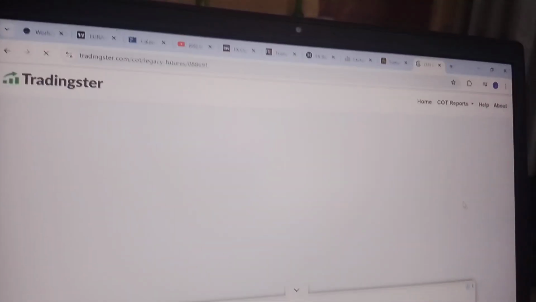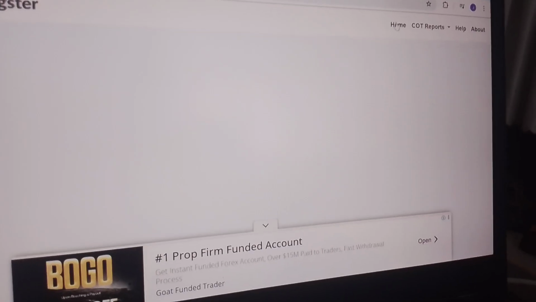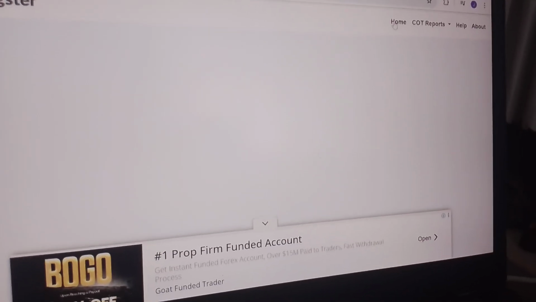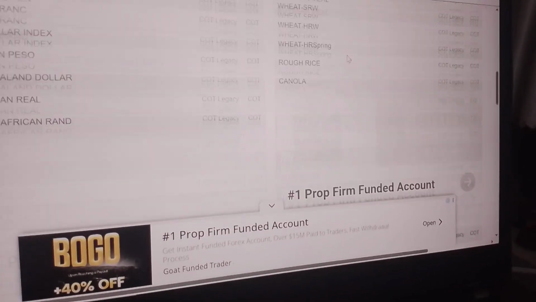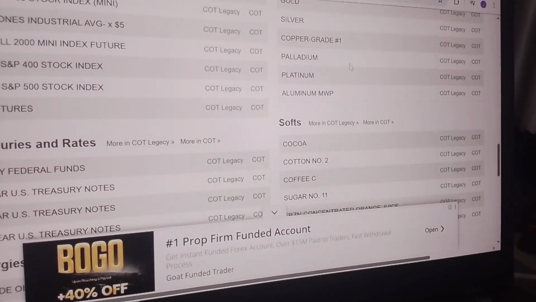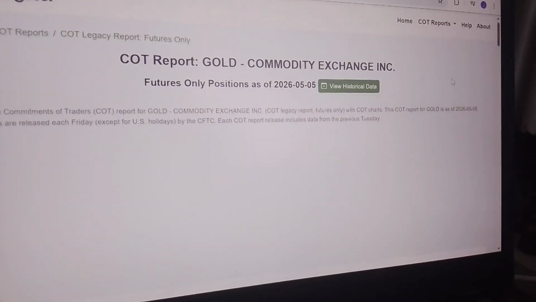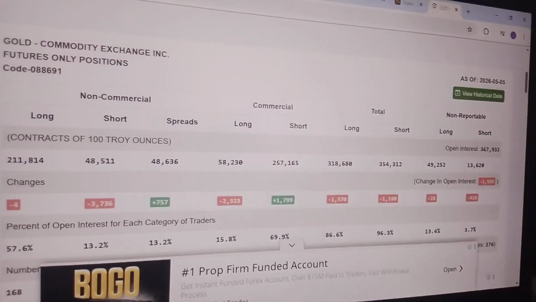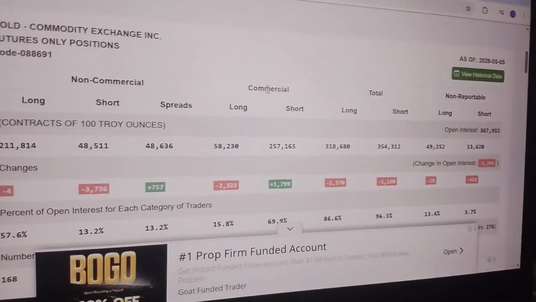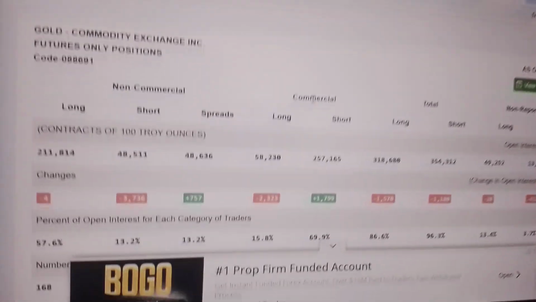Actually, it has accepted to open. Let's see. But it is taking time. Yeah, this is gold. I was checking the COT legacy of gold. As you can see, this is gold. We usually check on commercial traders. Commercial traders are like hedgers, those people who own gold.